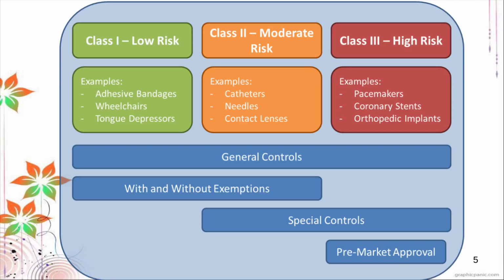Catheters as well, because although some are generally on the surface, some of them have to go inside the body. And then you have the high risk. The high risk examples here are the pacemakers.